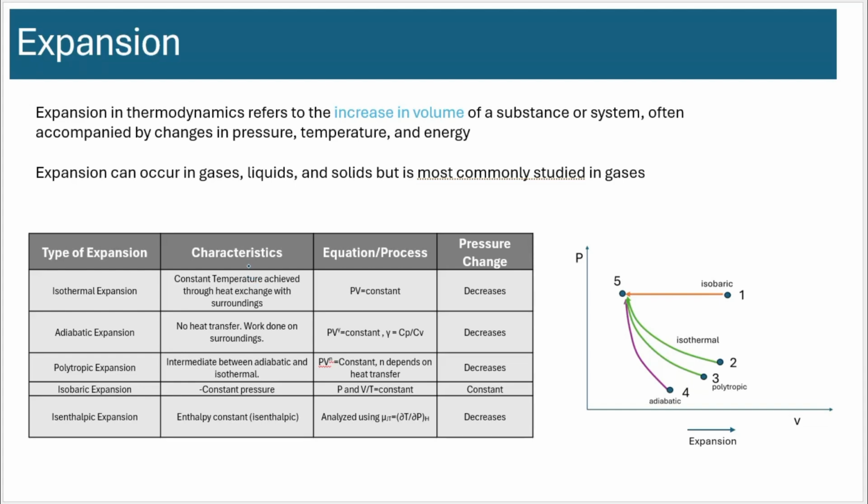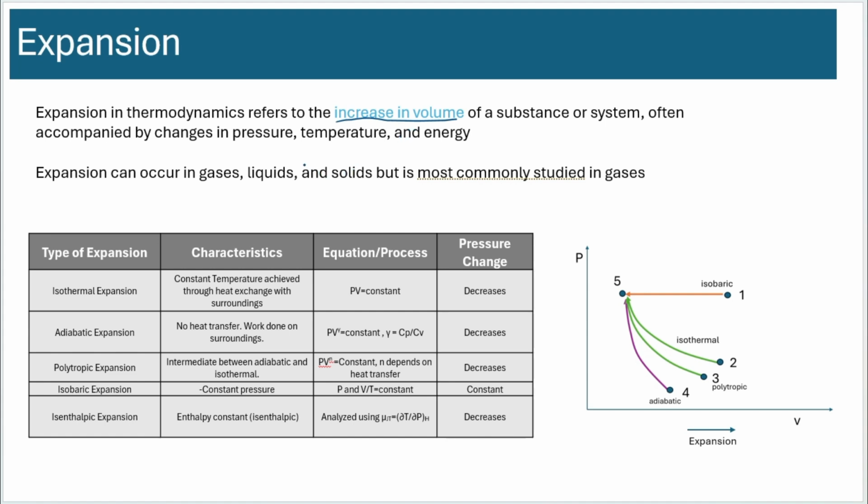Now, what exactly is expansion in thermodynamics? Some people might say expansion always means there is a drop in pressure and also a drop in temperature. And some people might say there's a change in energy. However, expansion fundamentally in thermodynamics refers to a change in volume. Increasing in volume is expansion, decrease in volume is compression.